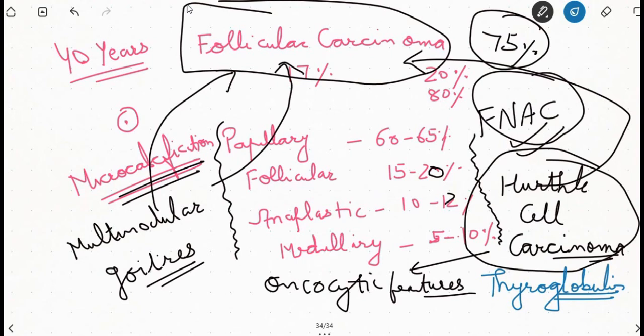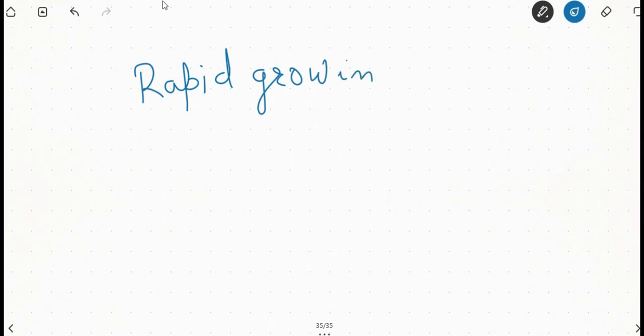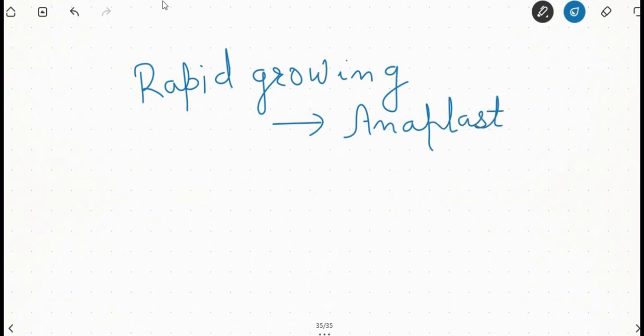Next comes the anaplastic carcinoma. So remember, the most rapidly growing thyroid malignancy is anaplastic carcinoma. It is common in elderly women around 60 to 70 years of age.